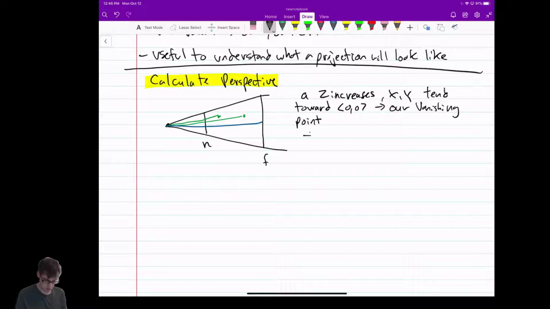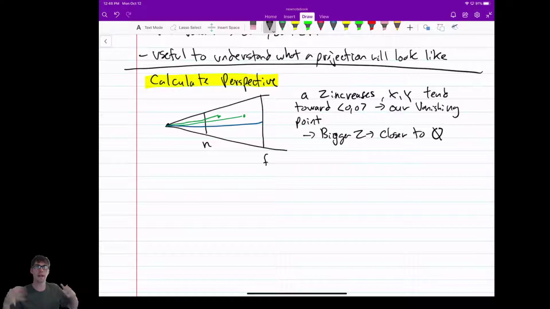So if we have a bigger z, we get closer to 0. As z gets bigger, it gets towards 0.